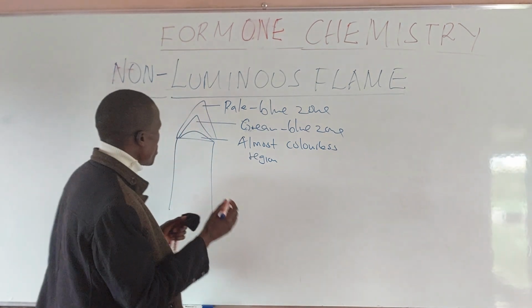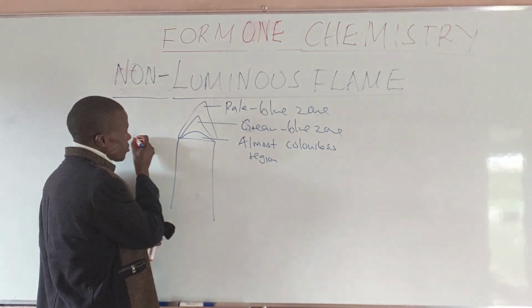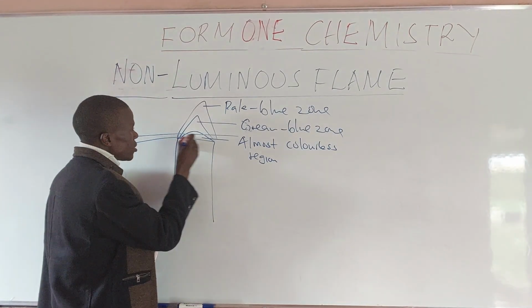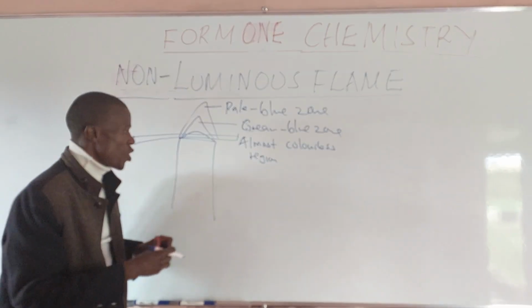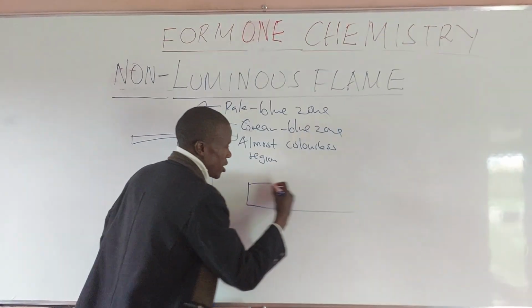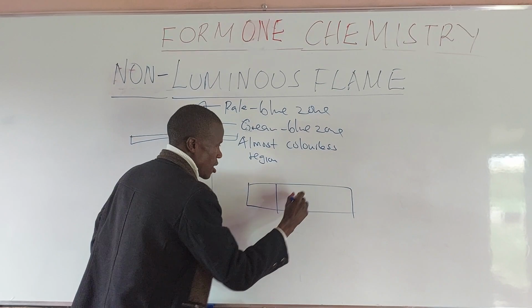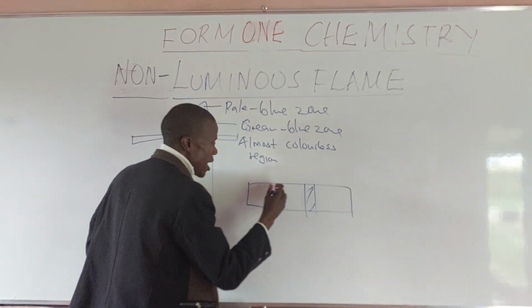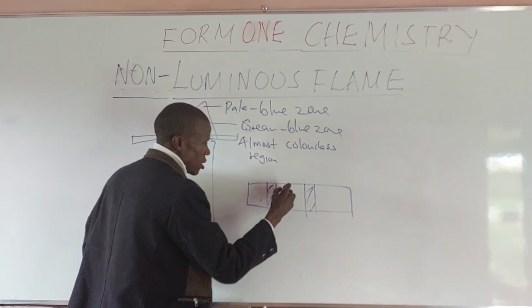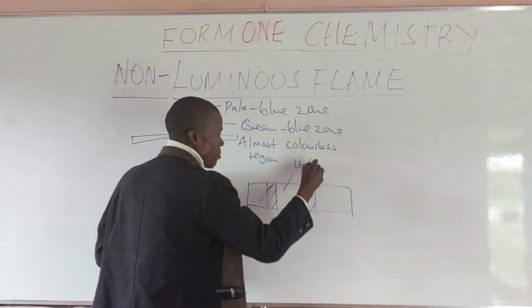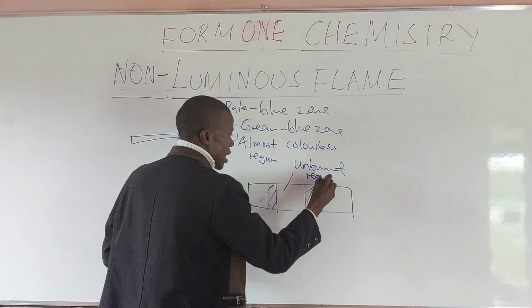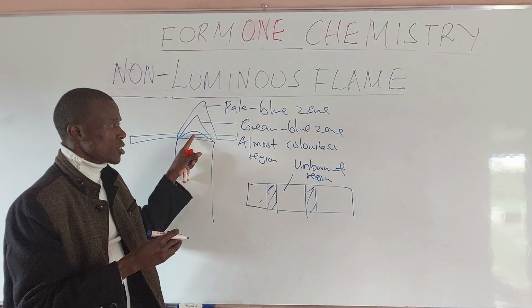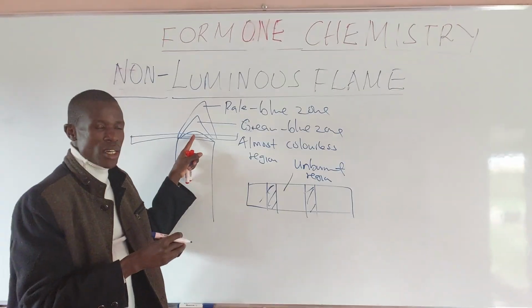Learners, if you introduce a wooden splint here, actually through the almost colorless zone, we're going to have it appearing like this. The middle part will be unburnt because it is in contact with the almost colorless region with unburnt gases.